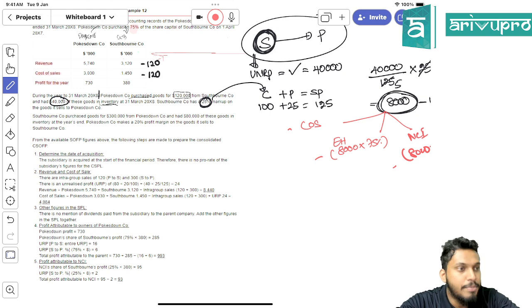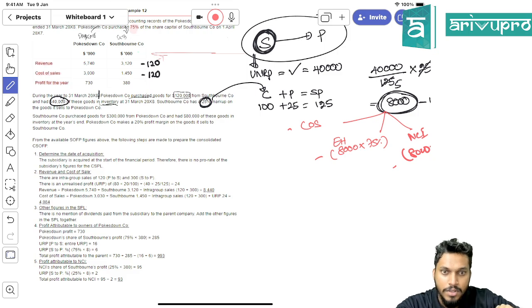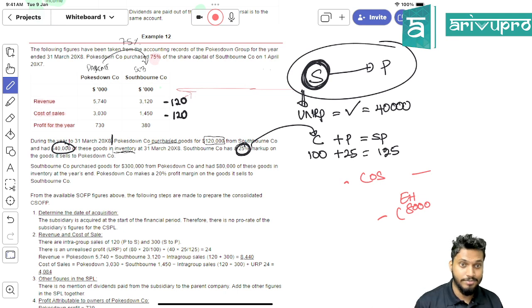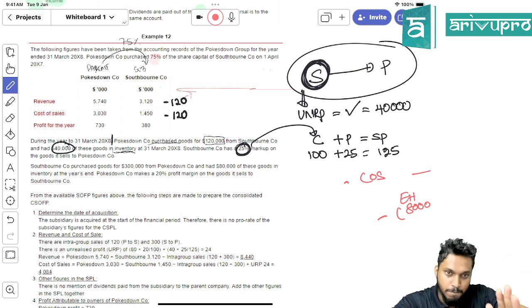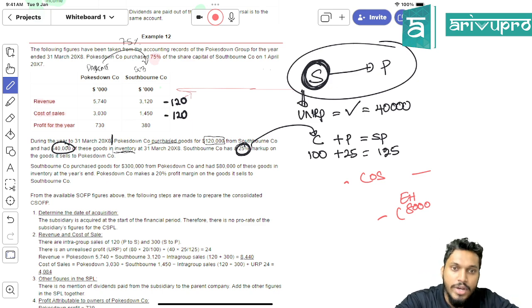In the P&L, irrespective of cash or credit sales, you need to deduct it, because it is sitting in your revenue and cost of sales. When you are trading within the group, you are selling to yourself, so it will automatically nullify. Technically, remember, when there is intra-group sales, remove it.